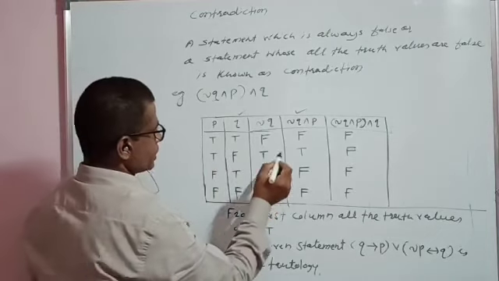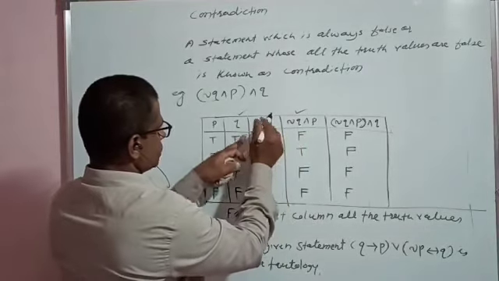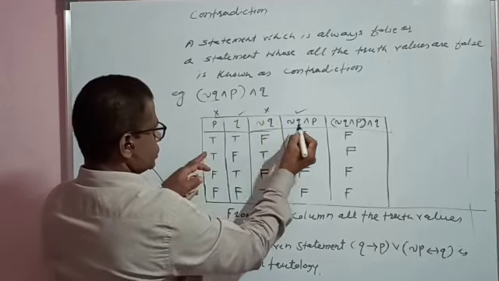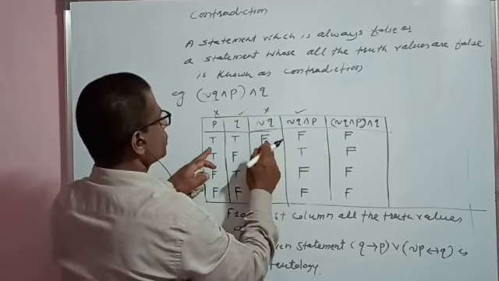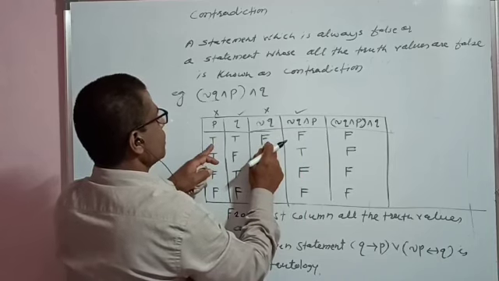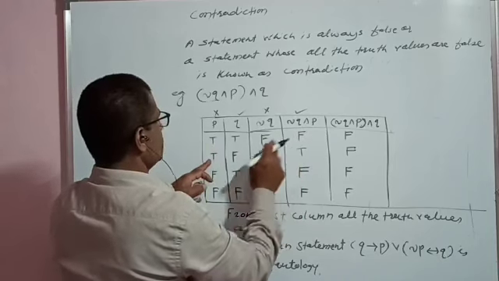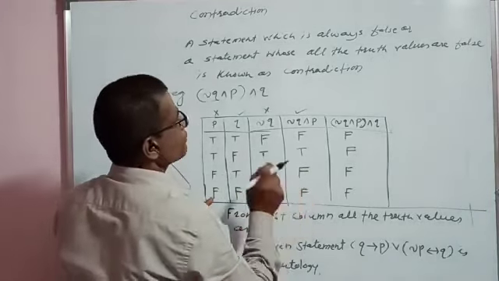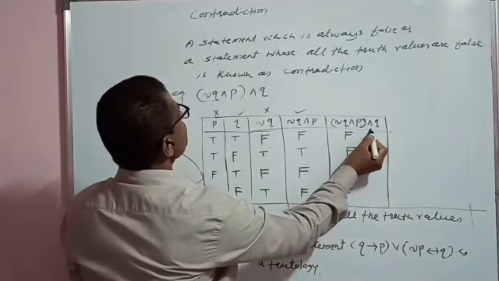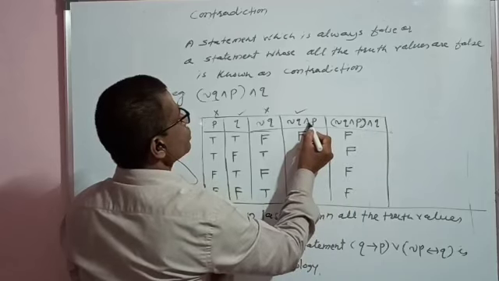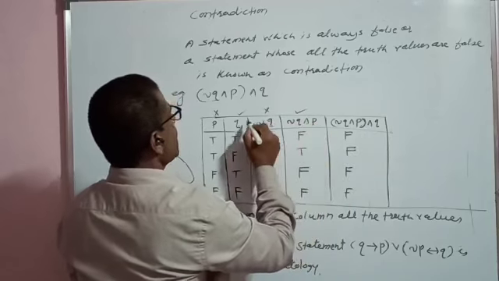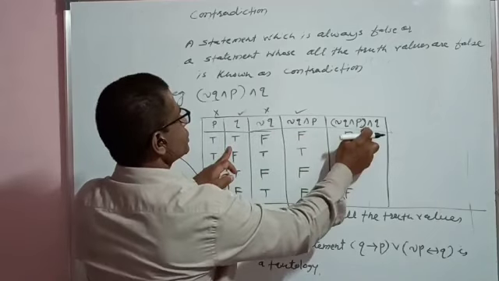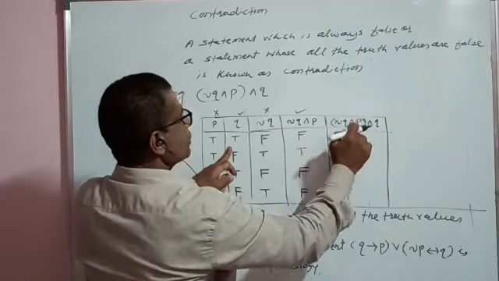Then you have to take the conjunction between negation of Q and P. The conjunction is true if both are true, and false in all other cases. So T,F is F; T,T is T; F,F is F; F,T is F. Then the conjunction between negation of Q conjunction P, and Q. You have to take the conjunction between these two statements. The conjunction is true if both are true, and false in all other cases.